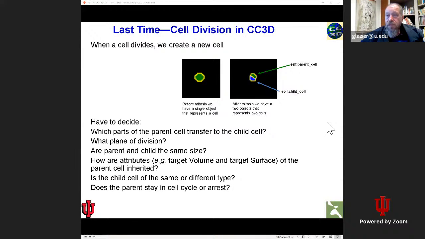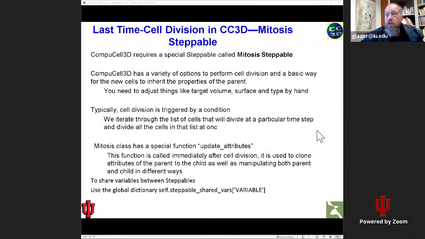The type example comes up because the boilerplate code switches the cell type. So if you just paste in the default code for cell division, it switches cell type on division. But that self.parent cell, self.child cell is an important concept.